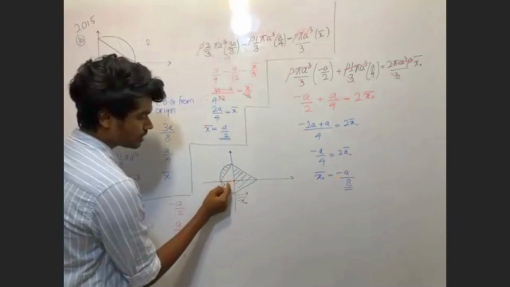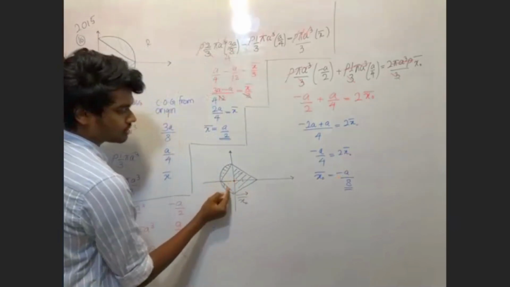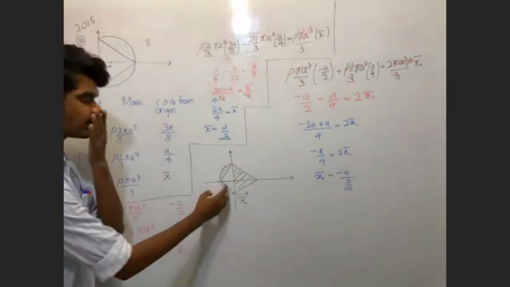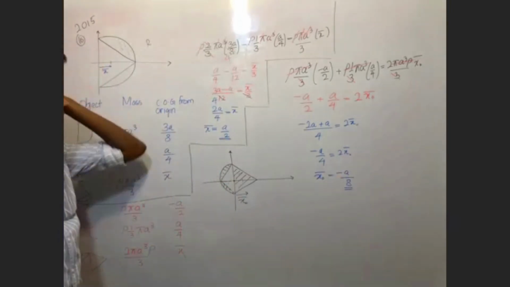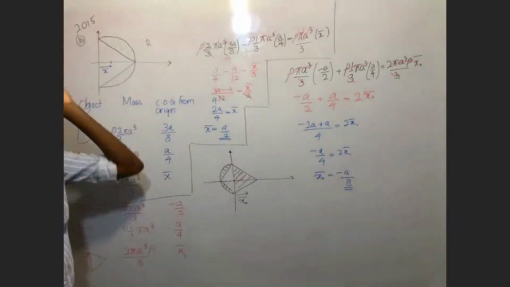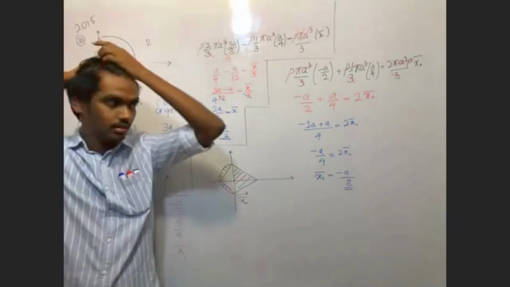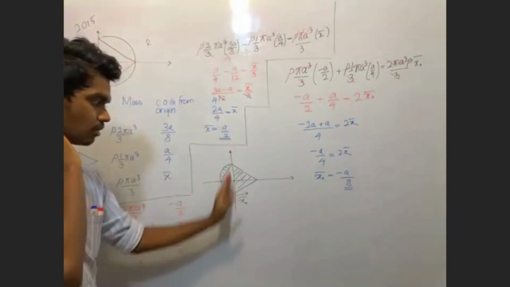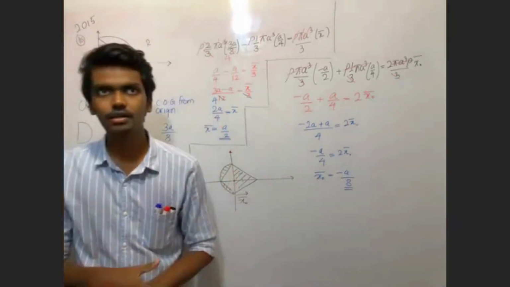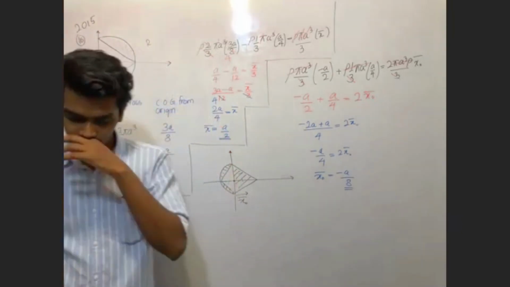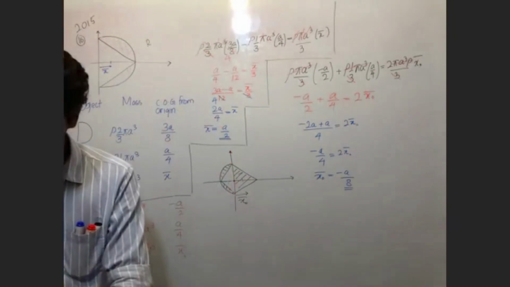That denotes x bar is here. Of the composite object, center of gravity is in the minus direction, right? So it's fine, and we got the answer. It's going to be a over 8 from this common base, right? Okay, so yes, that is it.